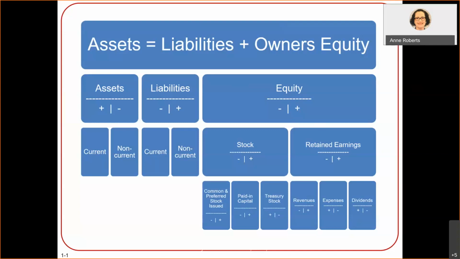So when we've got deferred revenue, what we are deferring is recording it on the income statement. A deferred revenue is a liability, but it's not going to be settled up by us paying cash. It's a liability that's going to be settled up with us having to go out and do some work for somebody or provide them with some type of product. So all those are current liabilities.